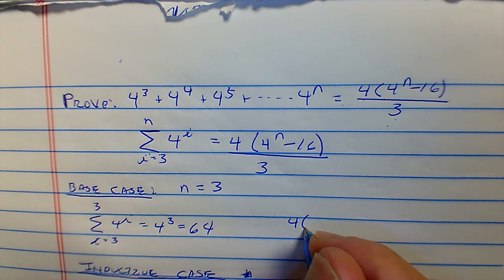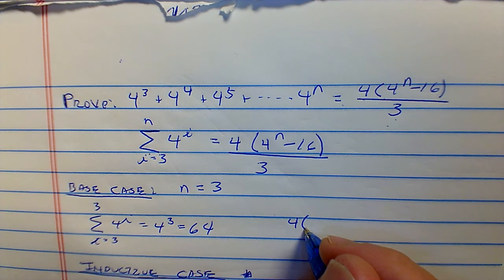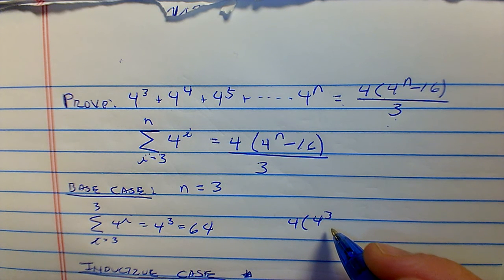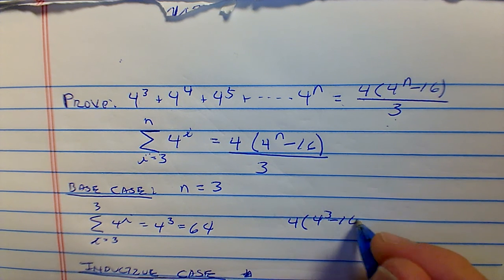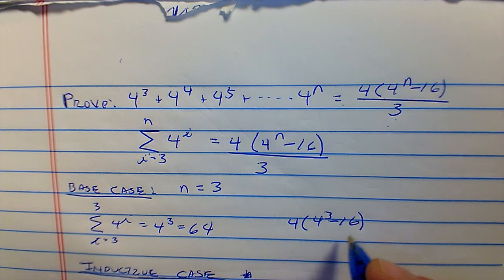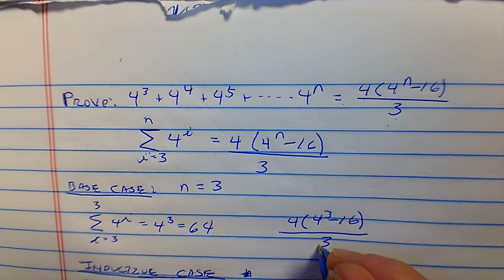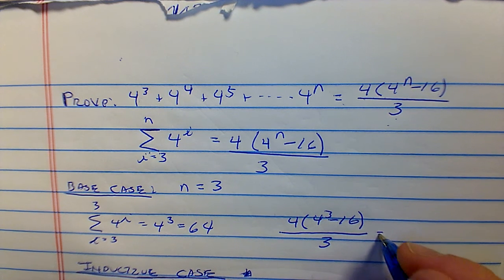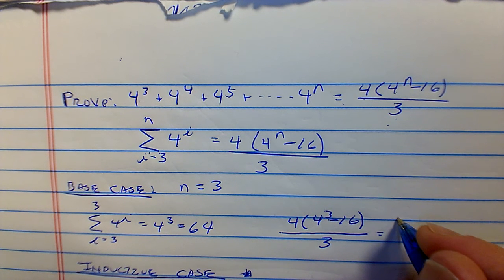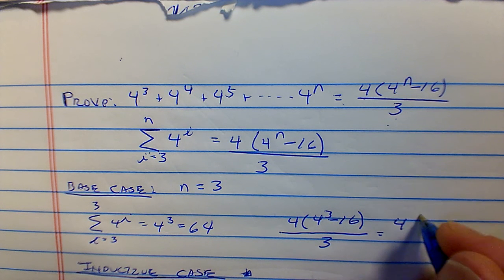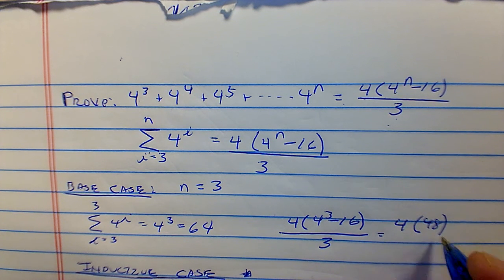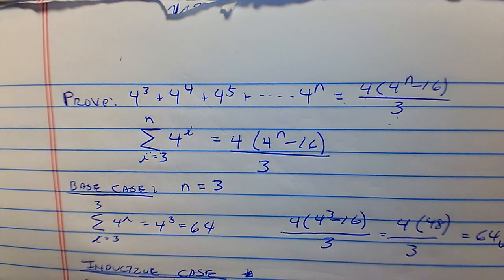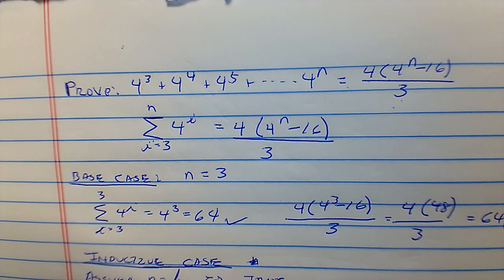When we use the formula, we're going to have 4 times 4 to the third minus 16 over 3. Which is what? 4 times 48 divided by 3, which also works out to 64, so both sides are the same.